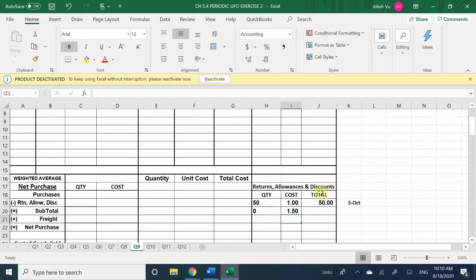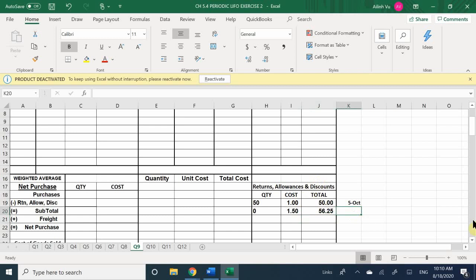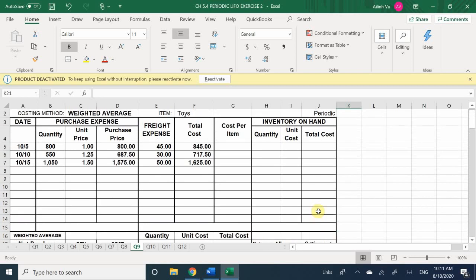This time we are doing 150 times $1.50. How much are we discounting it for? 25%. What do you guys get here? 56.25. Yes, 56.25. And I'm going to make a note that it's for the 15th of October.